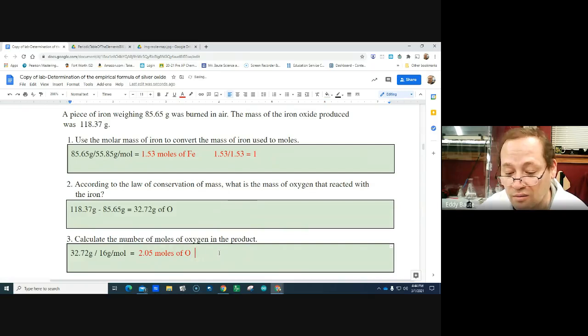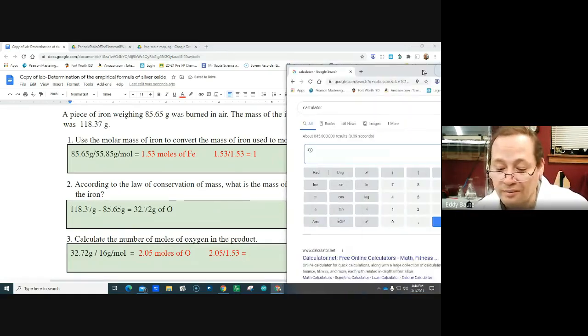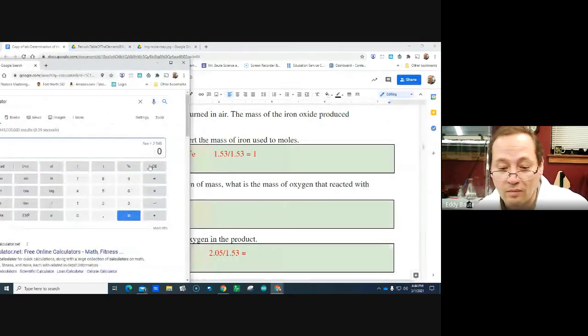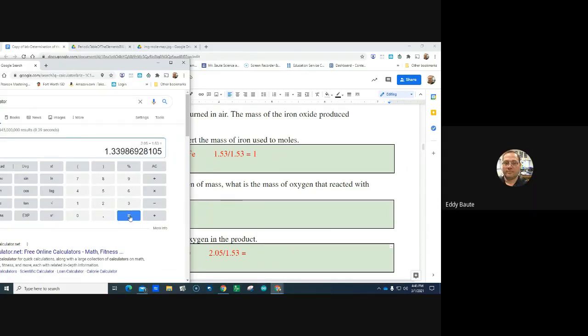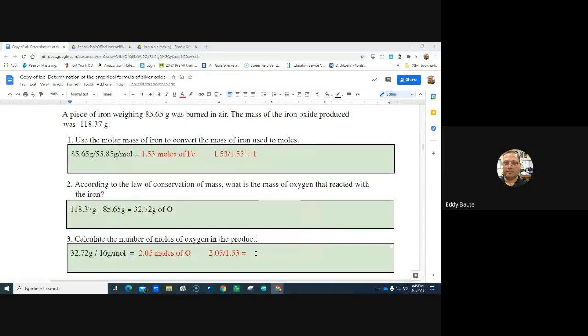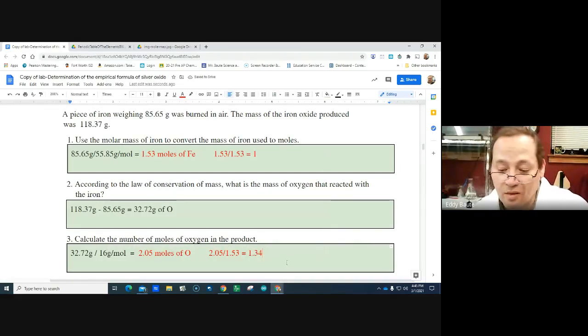For oxygen, I have to divide 2.05 by 1.53, and that would be 1.34. So that's the number I'm going to write down there, around 1.34, 1.35. This is a molar ratio. This is for oxygen, and this is for iron.